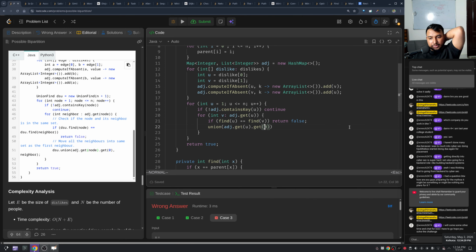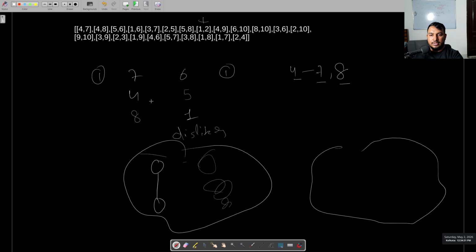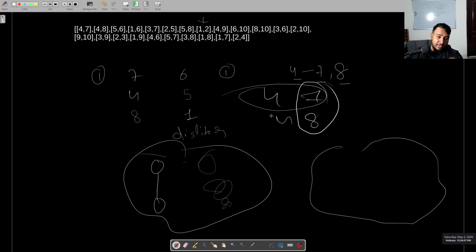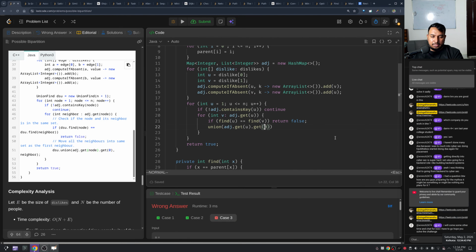Right, this is what you do. Because if there is 4 7 and 4 8, these should be part of the same group, not these. This is right, this is wrong. Okay, I get it now. But this was a good question.